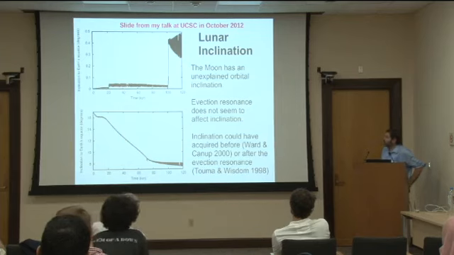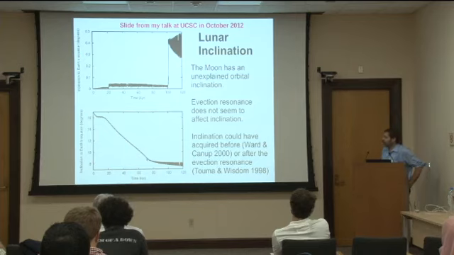So it doesn't change inclination, then we run into so-called eviction. I won't talk much about it. Yesterday Jack talked about both eviction and evection. So basically, evection resonance doesn't induce inclination, but you have to then play with eviction, possibly the same way as Touma and Wisdom 98.